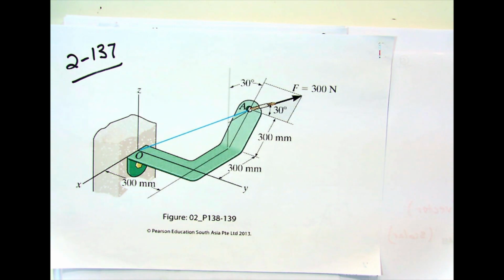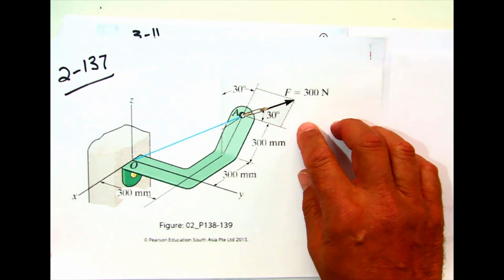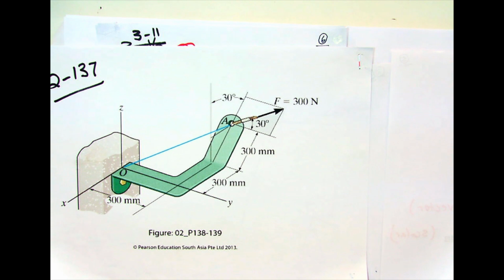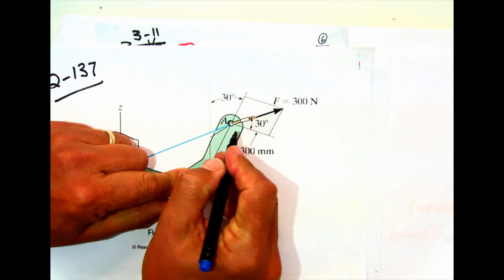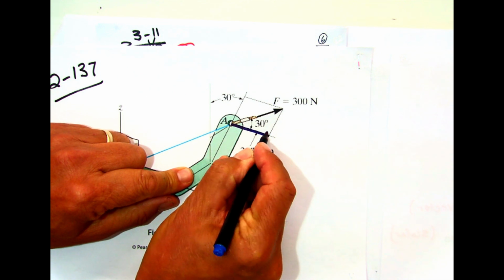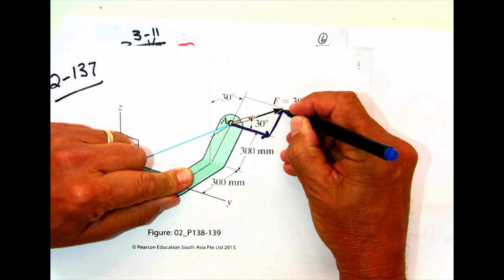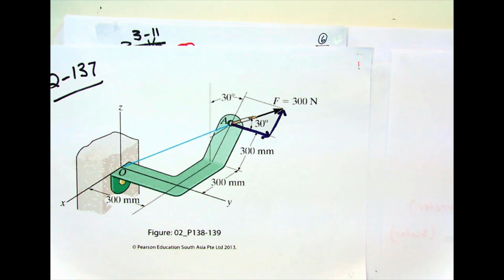Well, let me give you a hint. This force as a vector, well, you have here, the components of that force will be this one and that one. Those will be two components of that force.